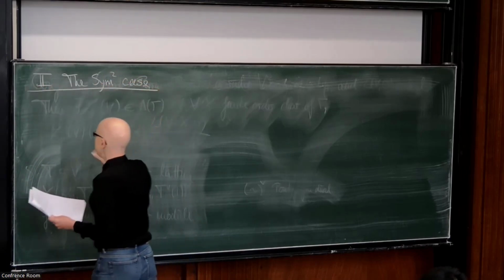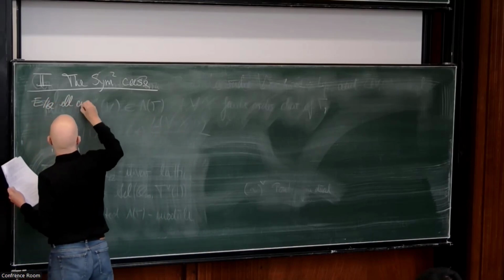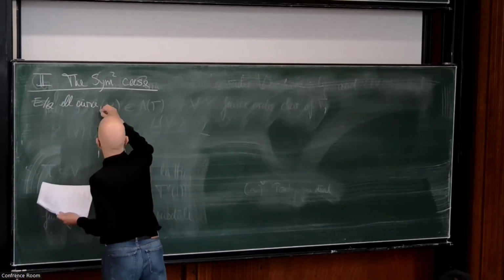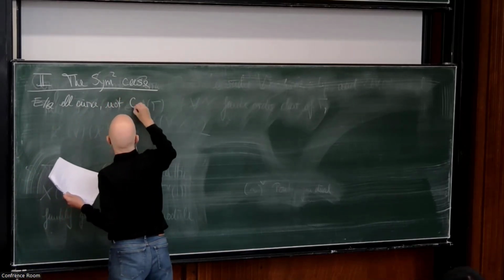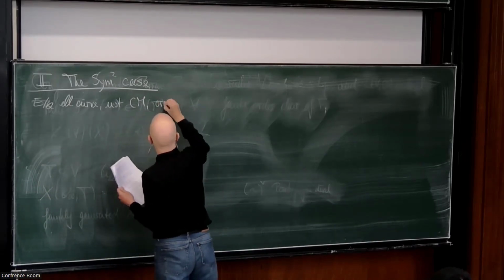What is the setup? We let E over Q be an elliptic curve which is not CM, and ordinary at p.